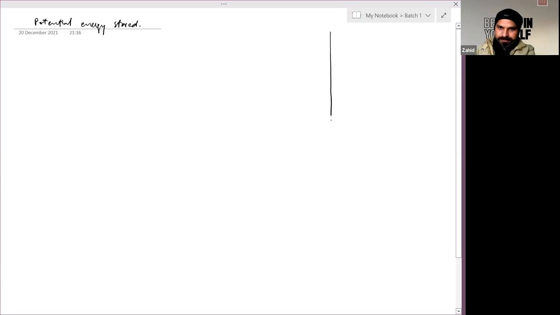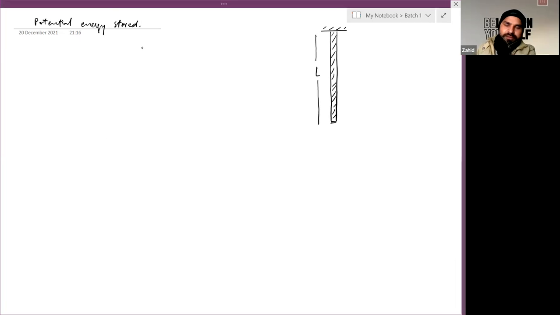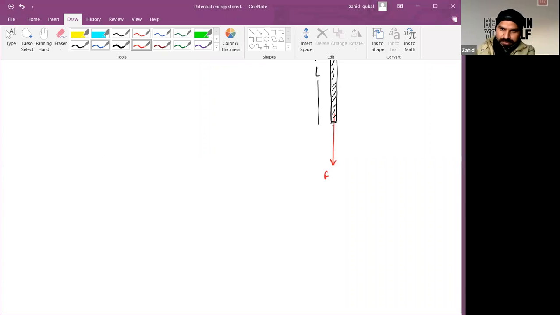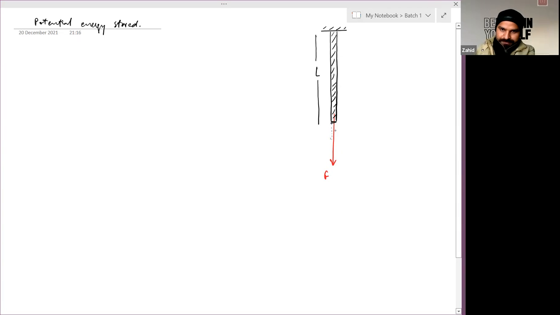Suppose you have a rod hung vertically from any rigid support, having length L and area of cross section A. Now, if you apply a deforming force on this end to stretch it, the deformation in this wire is, let's say, up to this part.